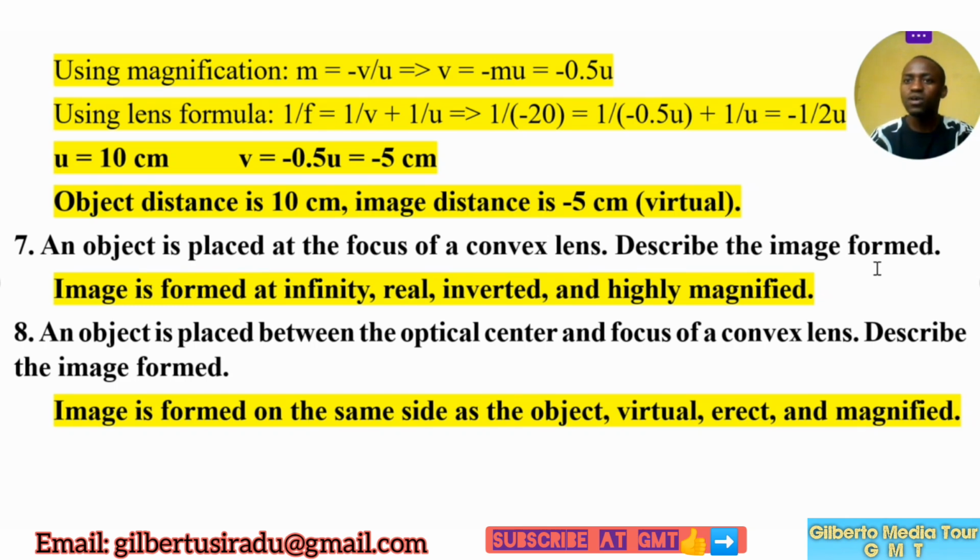Likewise, when the object is located at infinity, the image is located at the focal point. We must know this. The image is formed at infinity, real, inverted, and highly magnified.